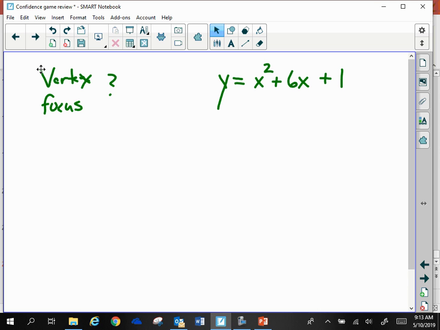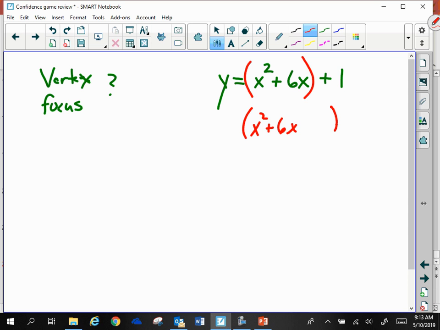But in this problem, I didn't care which way you did this. Remember completing the square, how we grouped those two together right there? Then we came up here and we have the x squared plus 6x. Put the 1 out here. What do we do to this 6? Found half of that and squared it.